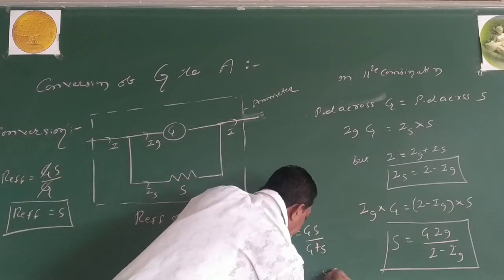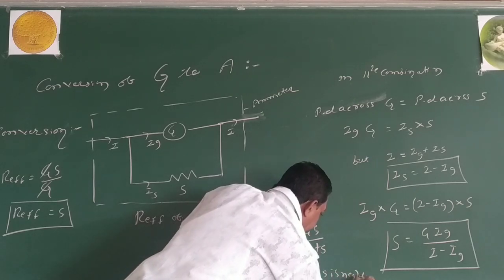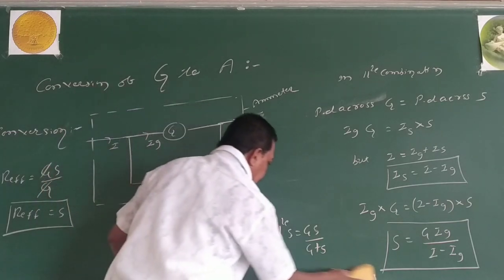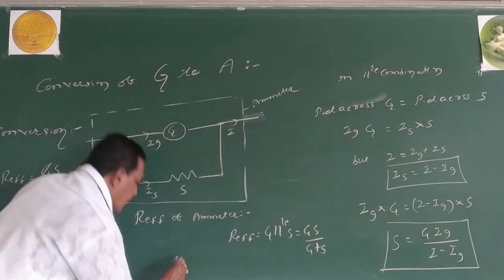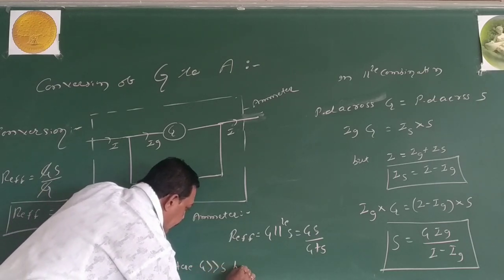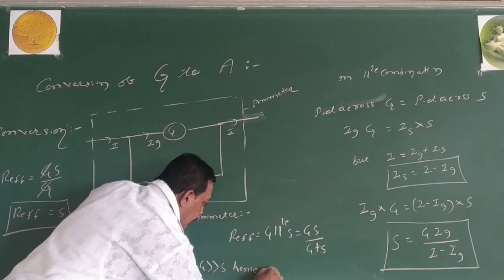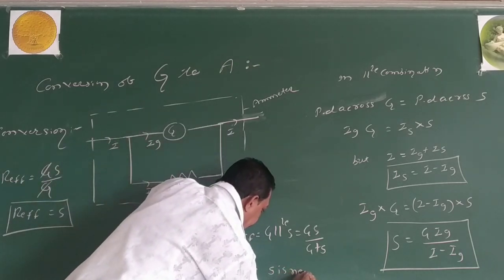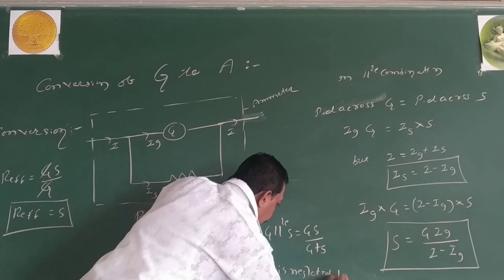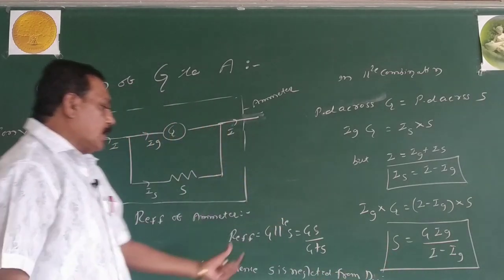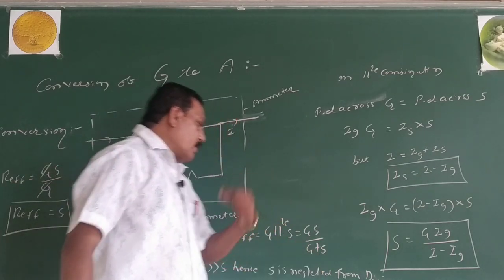Therefore, S is neglected from the denominator. Here G is far greater than S, hence S is neglected from the denominator, because the term to be neglected should be in addition or subtraction.